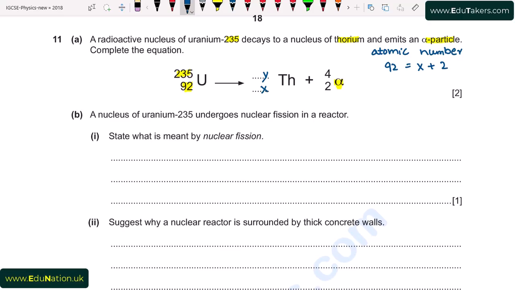I label it just as a supposition. And here we have to find out the value of X. It will be 92 minus 2, which is equal to 90. It means that the atomic number of thorium is 90. Now we find out the mass number.